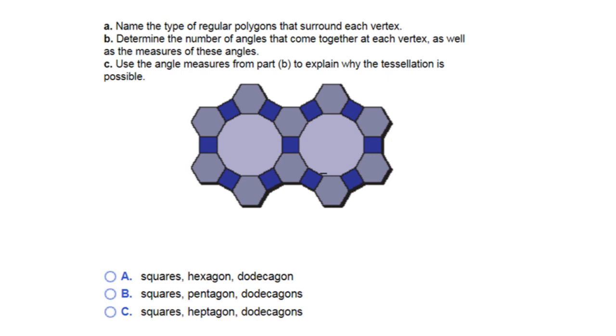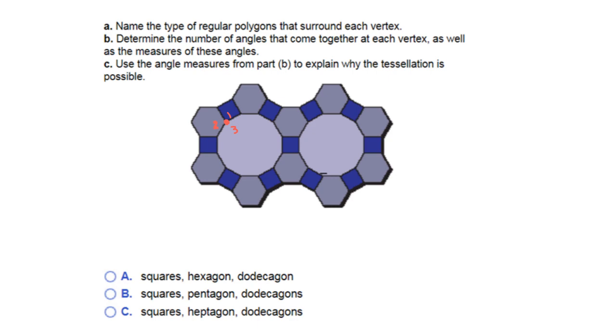So the first thing I'm going to do is grab one of my vertices, and I'll just grab this one right here, a little red one that I'm putting. I'm going to say this is angle number 1, angle number 2, and angle number 3. All right, so let's take a look at that dark blue area.